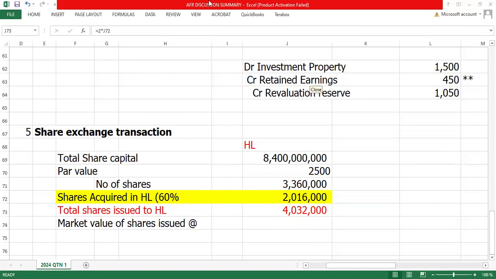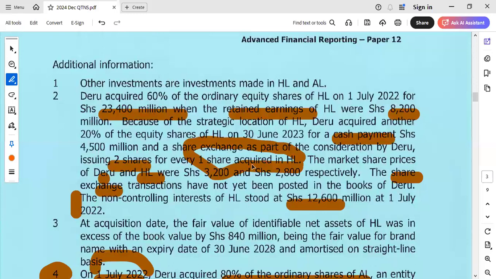Though issued to HL, you're going to use the market price of Deru, and the market price of Deru is 3,200.